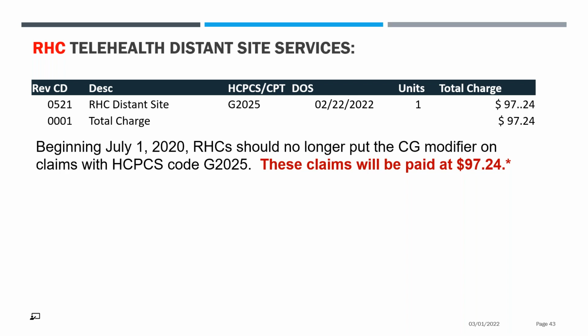That's our MLN Matters for Telehealth. Medicare changed the coinsurance application to the lesser of $97.24 or the charge amount. So if you charge 90 bucks, you get 90 bucks. Charge 100 bucks, you get 80% of $97.24. The patient's going to have a coinsurance of 20% of that amount.